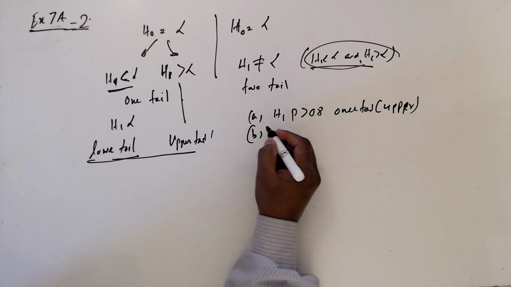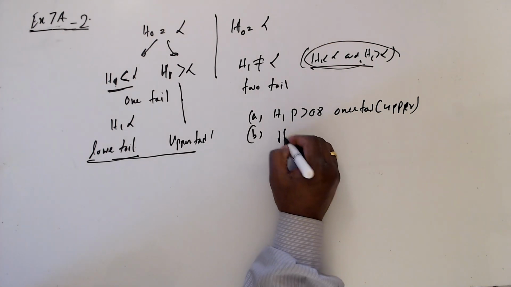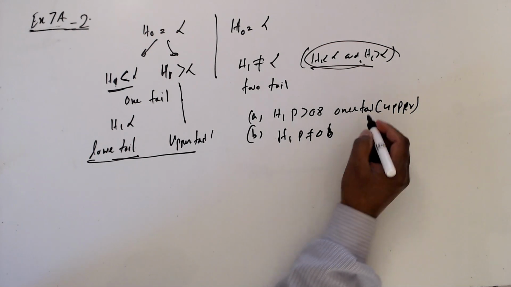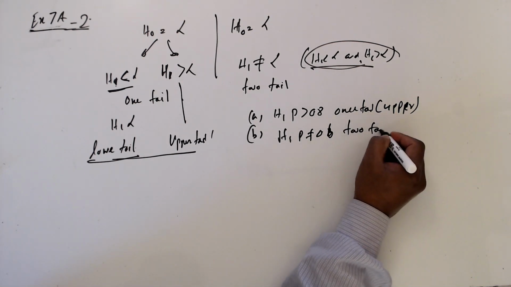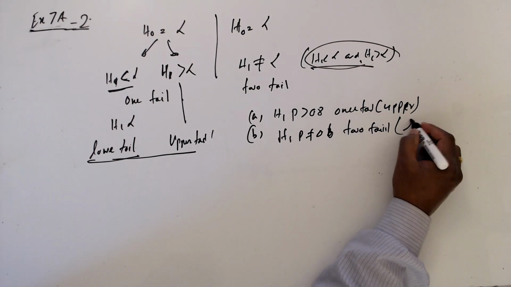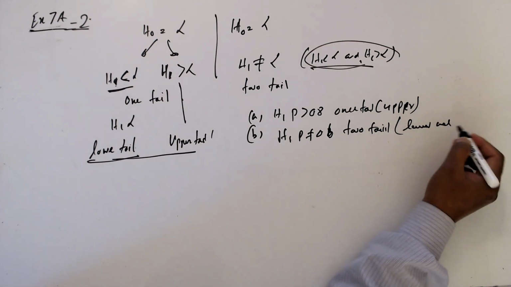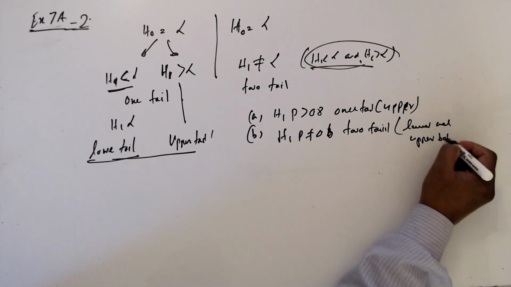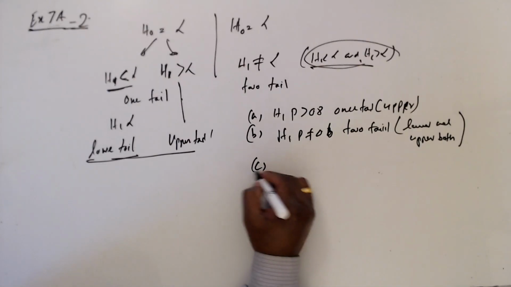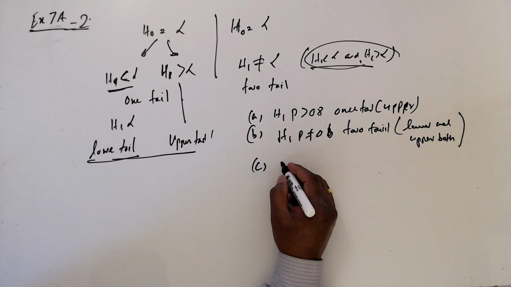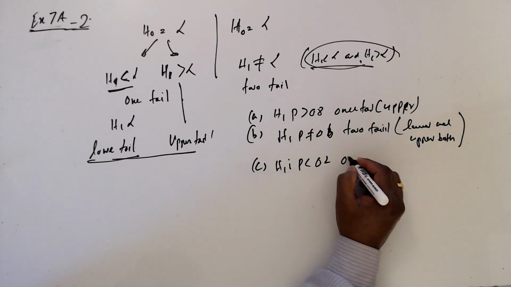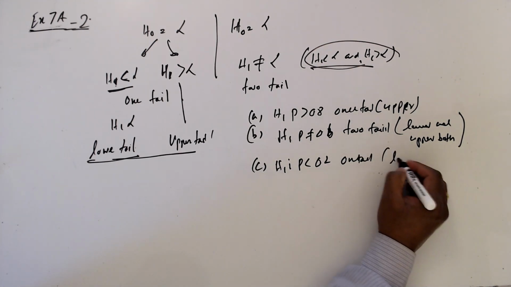Part B, H1: P not equal to 0.6, then two tail. Two tail means lower and upper both. Part C, H1: P less than 0.2, so this is one tail lower.